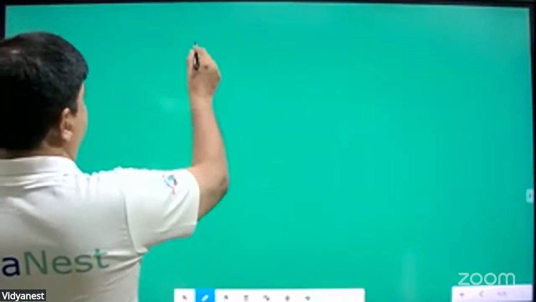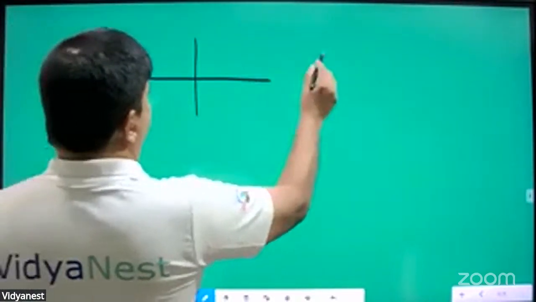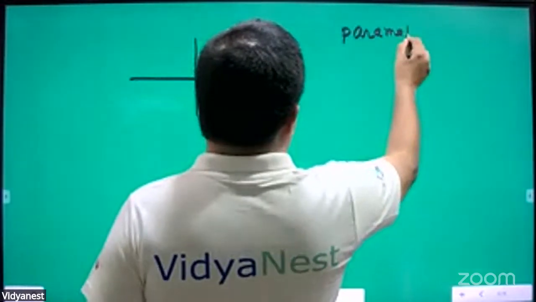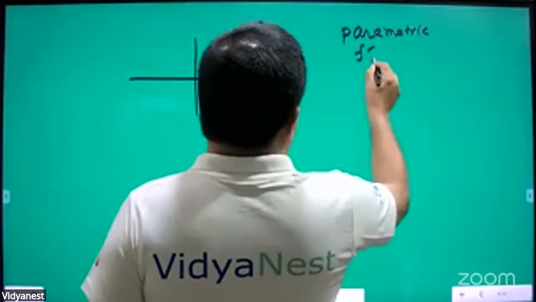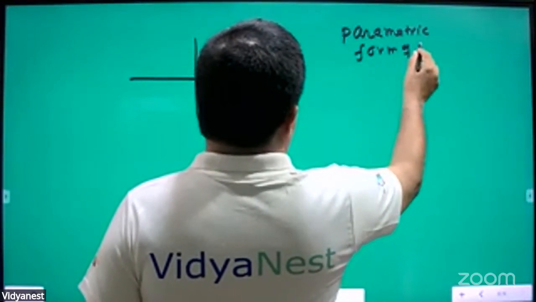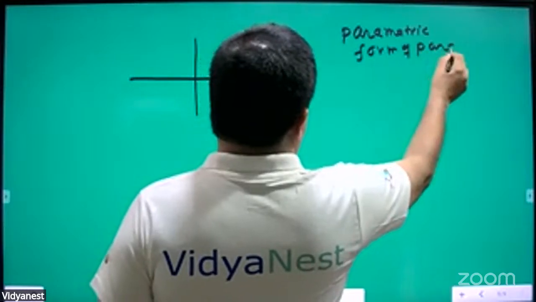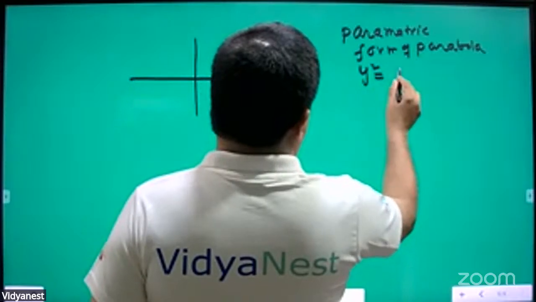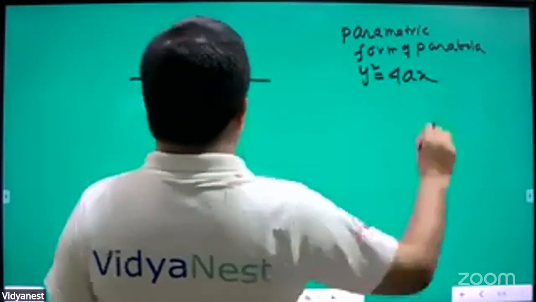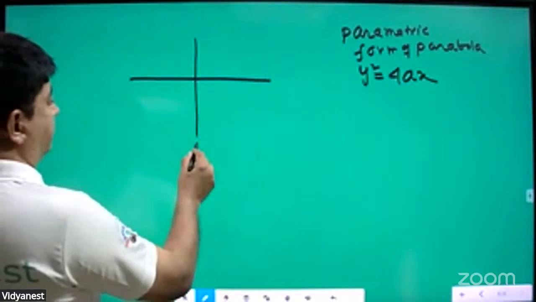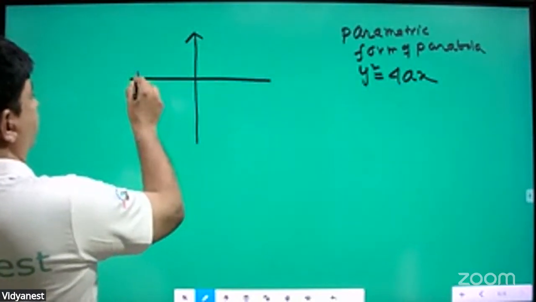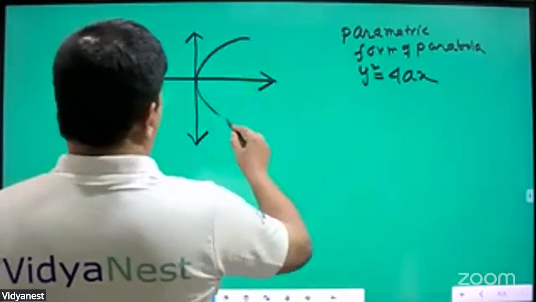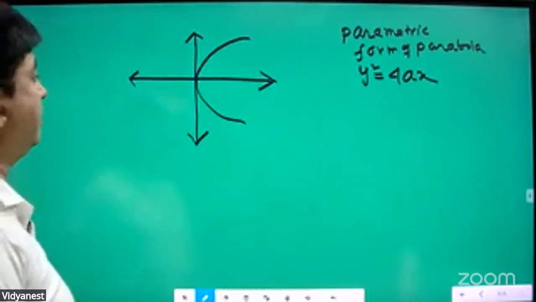See, parametric form of parabola y squared is equal to 4x.